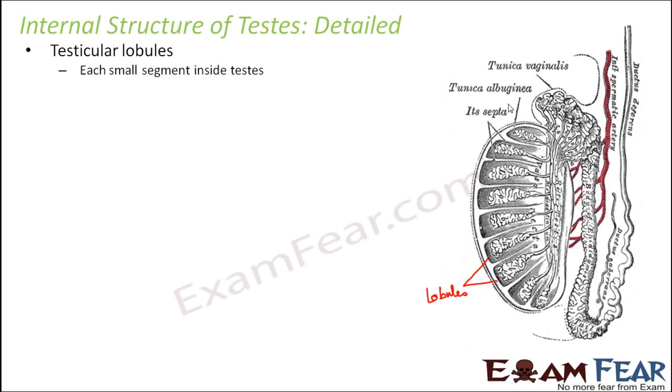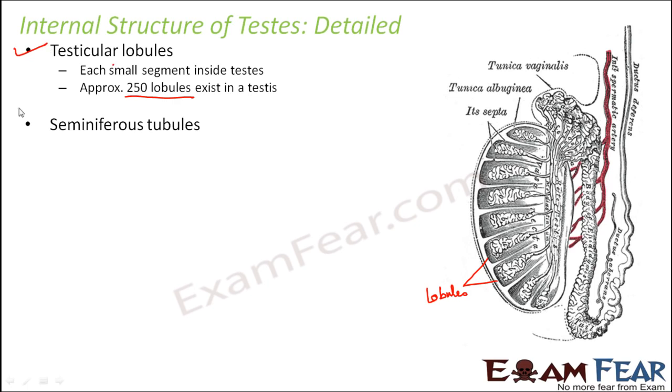One testis has multiple small segments and each of those segments is called a lobule. Since they are present inside the testis, they are called testicular lobules. Approximately 250 lobules exist in a testis. So in one testis you have almost 250 lobules. That is a big number, right? So that is testicular lobules.